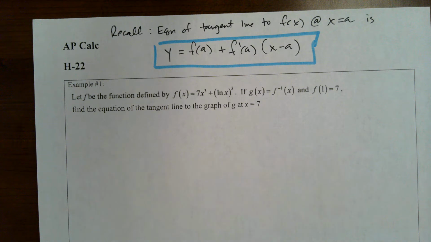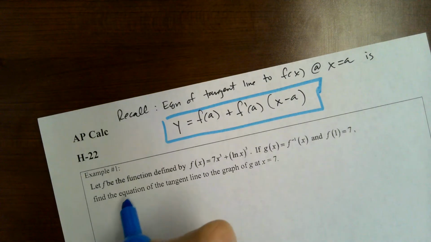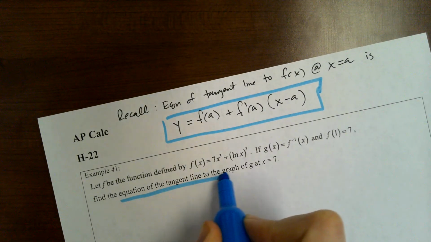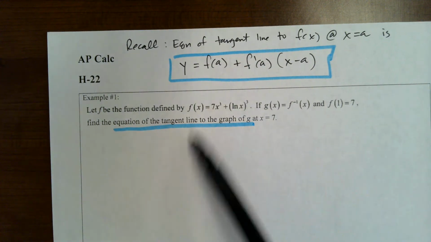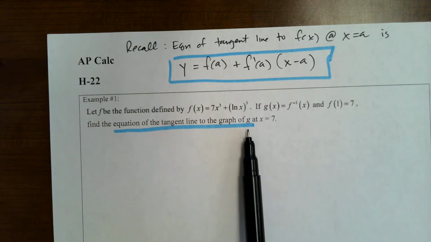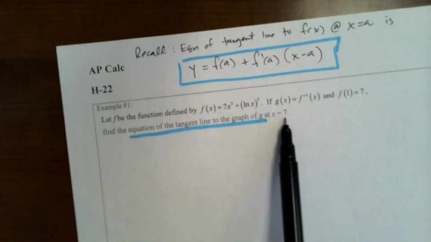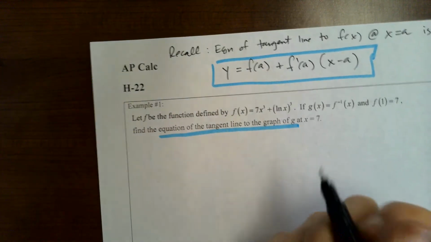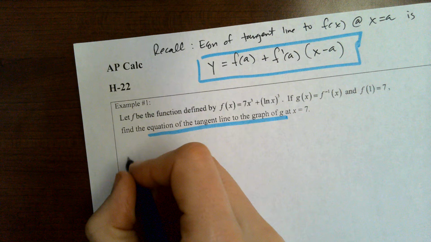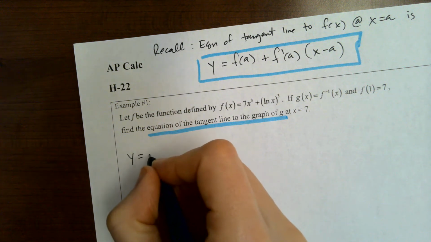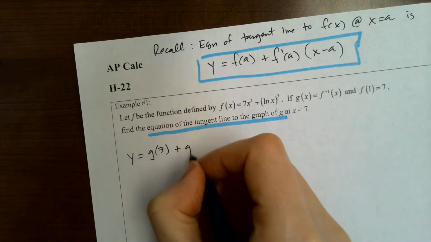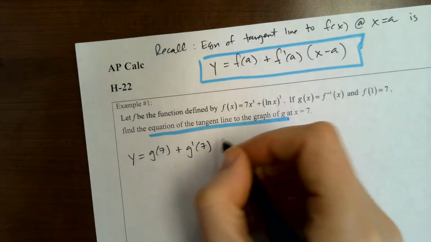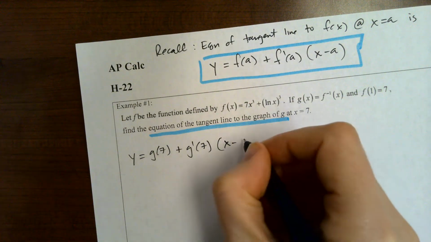So anytime they're asking you for the equation of a tangent line to the graph of some function, use this formula, but we're going to use g instead of f, and it's going to be 7 instead of a. So plugging into the formula, we get y equals g of 7 plus g prime of 7 times x minus 7.